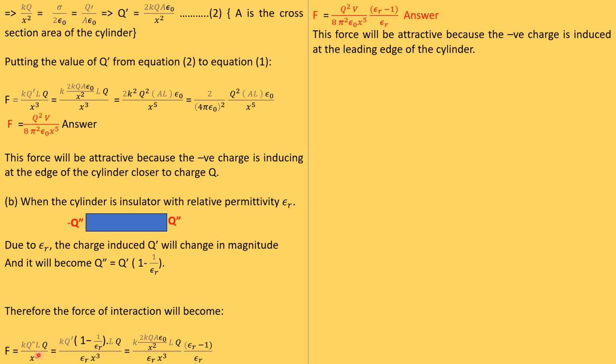So we will use the equation for force. In place of q prime, it will become q double prime, and we will put in all the values, and finally we will get the force equal to Q square V by 8 pi square epsilon naught x to the power 5, into epsilon r minus 1 divided by epsilon r. So this will be your answer for the second part.